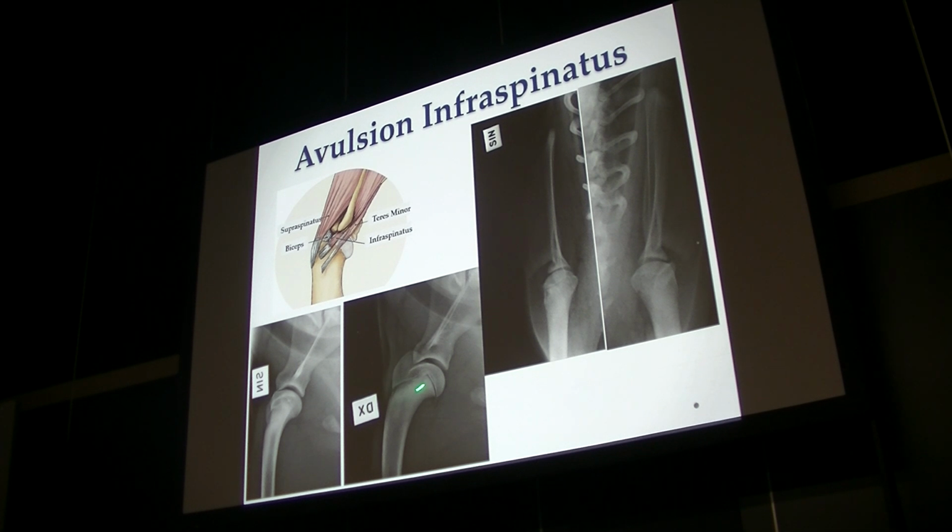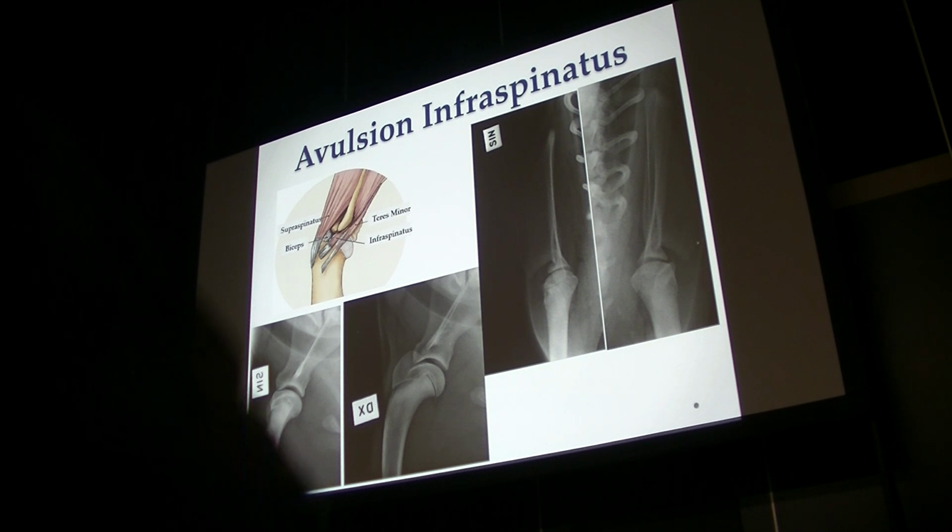If we look at this one and compare this area with this one, we immediately see that there's irregular density and sclerosis going on. The head of the humerus looks nice. It's still a young animal. In this one, the normal side, the growth plate is still open, and this one is closed, probably due to the pathology in general, or at least here in this area, in this case.